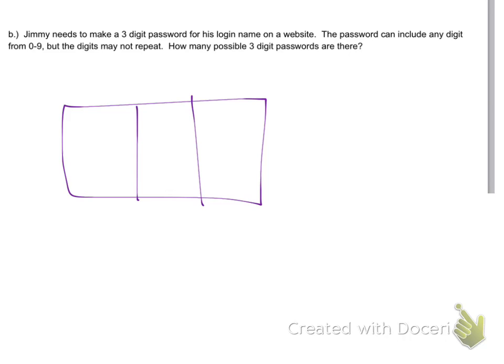It's not 9. It's 10. Why? Because of the 0. 0, 1, 2, 3, 4, 5, 6, 7, 8, 9, 10. So yes, you have 10 for your first choice. But once you've chosen a number, how many do you get to choose the next time? Now it's 9 because one of them is used up. And then after that, there's 2 used up, so now you're down to 8.